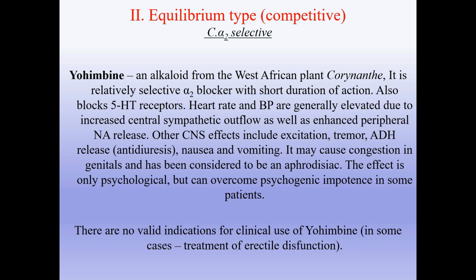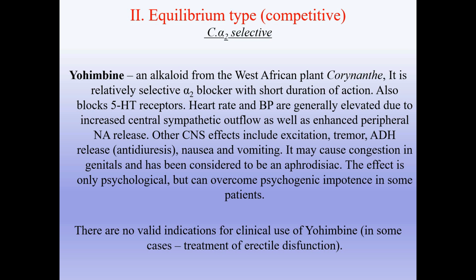The next one is the alpha-2 selective equilibrium type, or competitive, alpha-adrenergic blocker. As an example, yohimbine, an alkaloid from the West African plant Corynanthe, is a relatively selective alpha-2 blocker with short duration of action. It also blocks 5-HT receptors. Heart rate and blood pressure are generally elevated due to increased central sympathetic outflow as well as enhanced peripheral noradrenaline release.